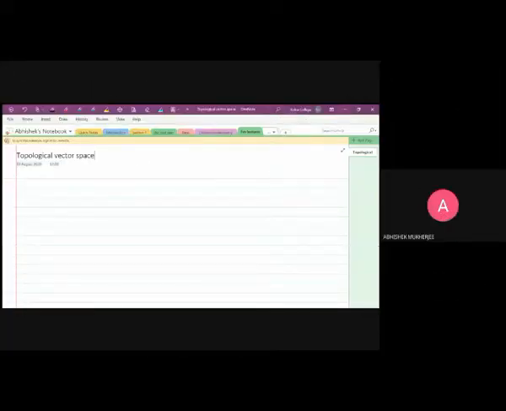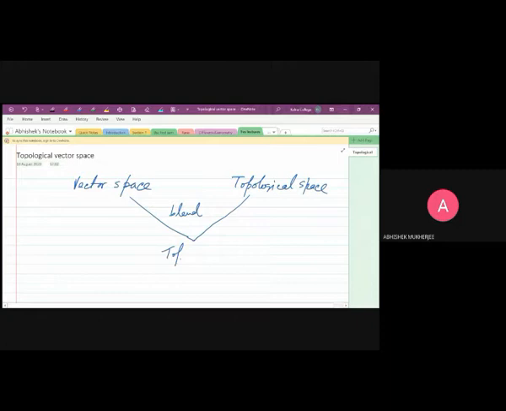So we are going to have two notions. One is vector space and another one is topological space. And now we are going to blend them together and we will have a notion of topological vector space.